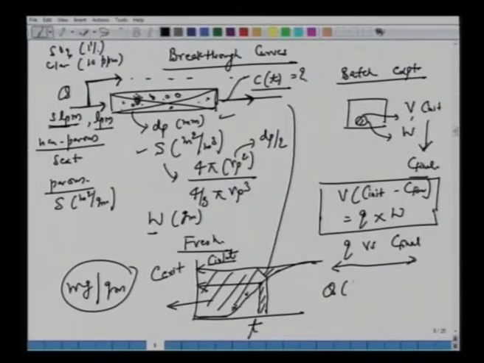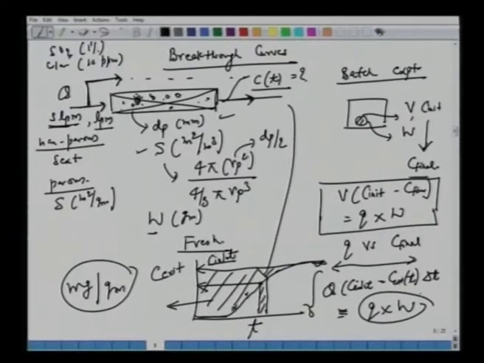Q is constant, so C inlet minus C exit, which is a function of time, times del T. If you integrate from 0 to infinite time, we can find out how much has been adsorbed. So material balance, inlet minus outlet, must be the same as your capacity, Q into W, which you want to calculate. With the proper units you can get this Q as a function of C inlet or C exit. Next time you do different concentrations, you will get different Qs. This is the way we can also generate isotherms.